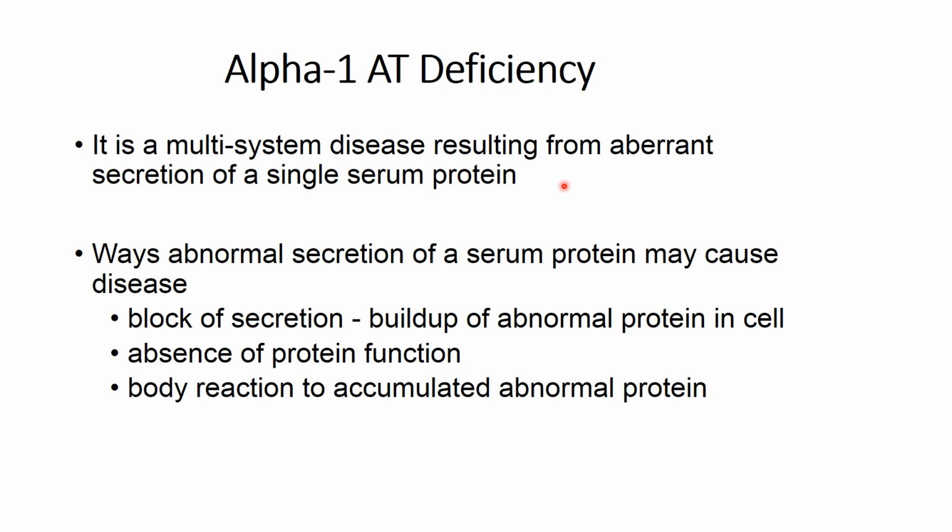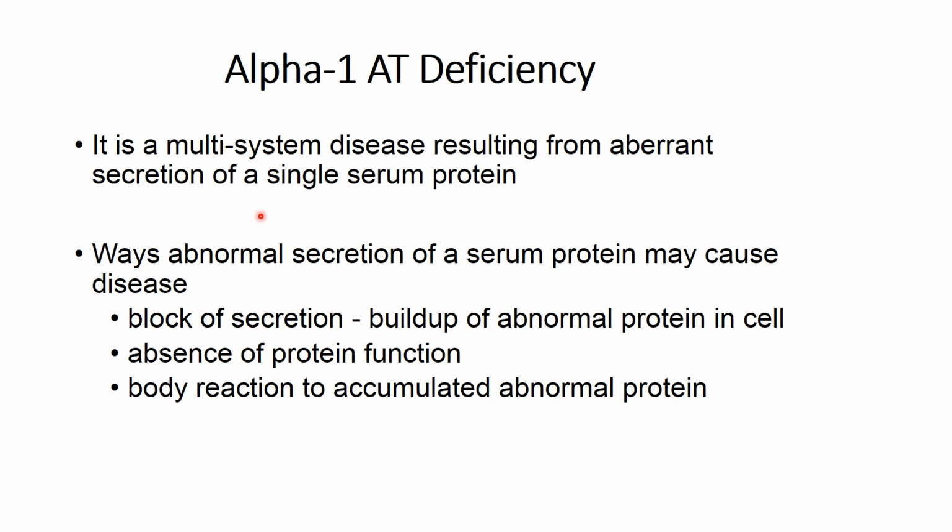So what is wrong if this inhibitor is missing from the serum? Well, definitely the inhibitory effect will be missed, which is a big enough problem itself. However, alpha-1 antitrypsin deficiency is affecting multiple organs. Why?